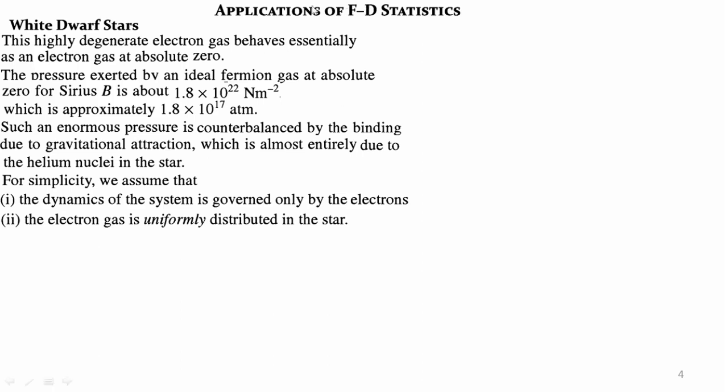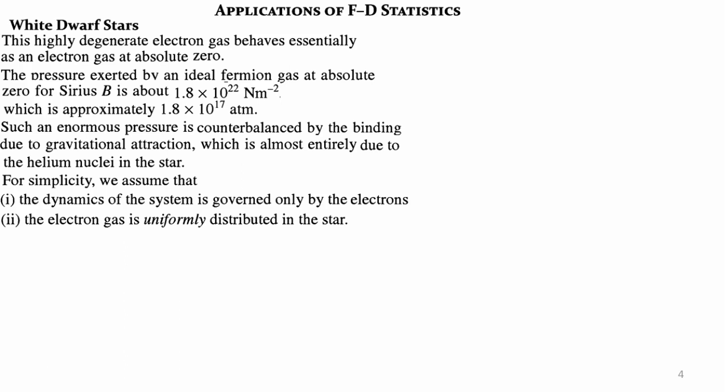Because we want to just get away with the application of Fermi-Dirac statistics to understand the white dwarf star system, and for that we just need to stick to the electronic system. We don't need to bother about what the nuclei are doing. We will just say they are acting as a source for gravitational pull, not more than that.